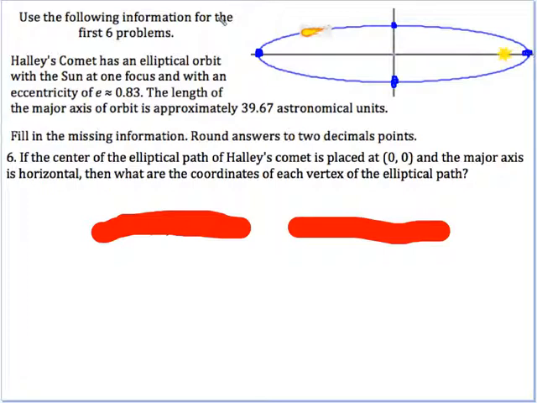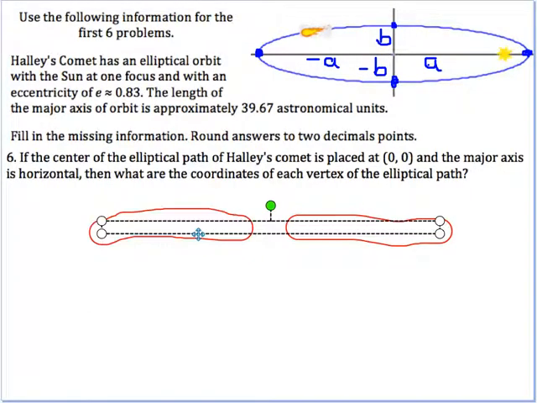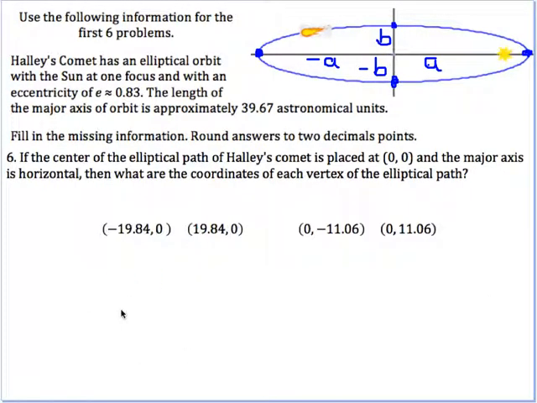Basically, your negative A value would be here and then just A here. This one, negative B for this point, and then positive B for this point. Okay, so your answers are pretty easy right there.